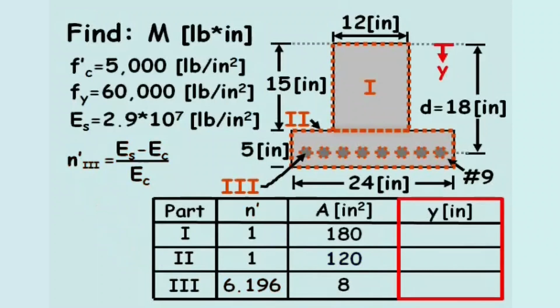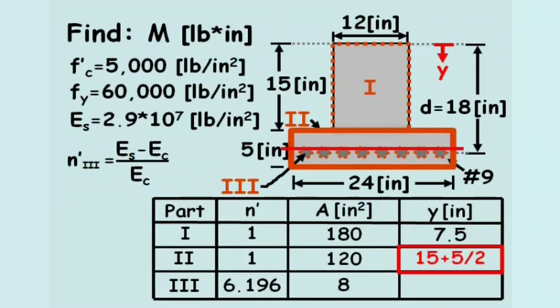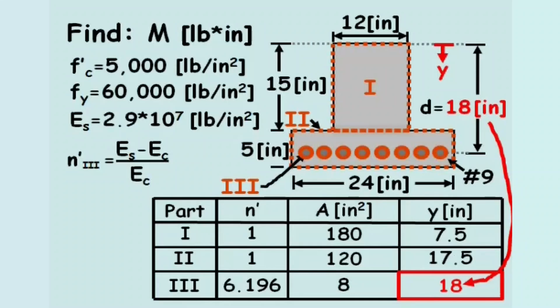The depth to centroid, y, for part 1, measured from the top of the beam, equals 15 inches divided by 2. For part 2, y equals 15 inches plus 5 inches divided by 2. And for part 3, y equals d, which is 18 inches.